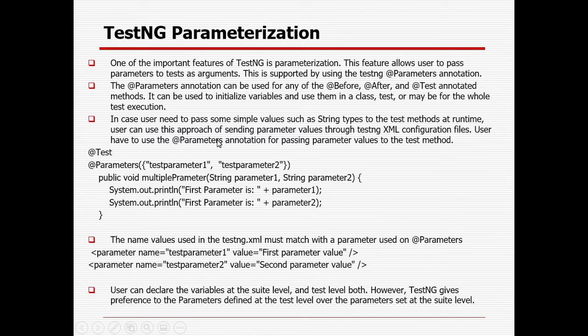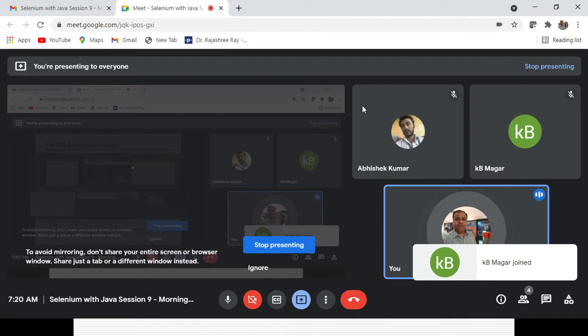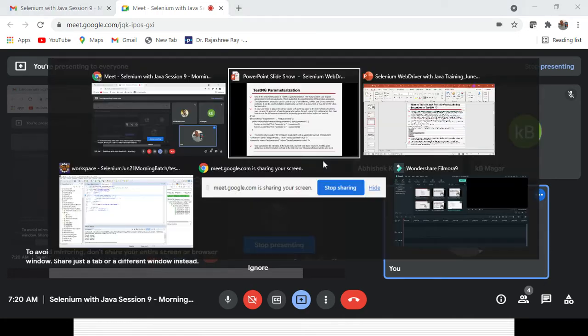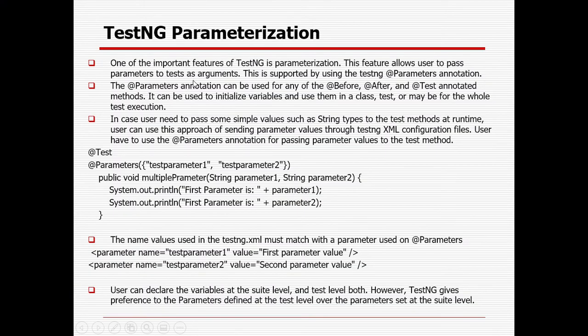So what is parameterization? One of the important features of TestNG is parameterization. This feature allows the user to pass parameters to a test as arguments. This is supported by using the TestNG @Parameters annotation. In TestNG you have already seen a lot of annotations: @Test, @BeforeTest, @AfterTest. This parameter is also an annotation available in TestNG.